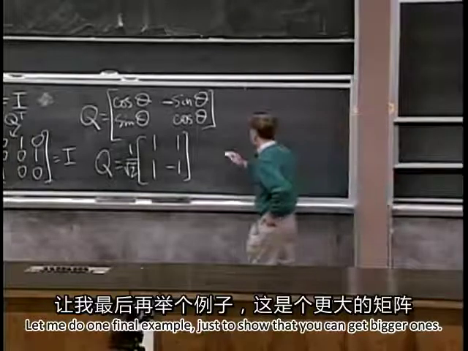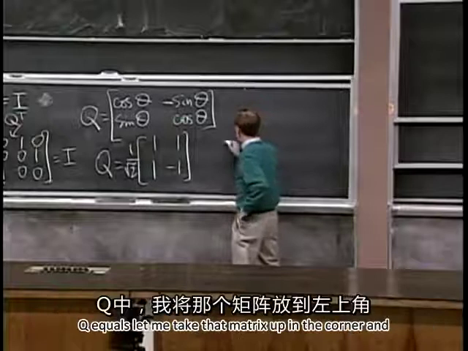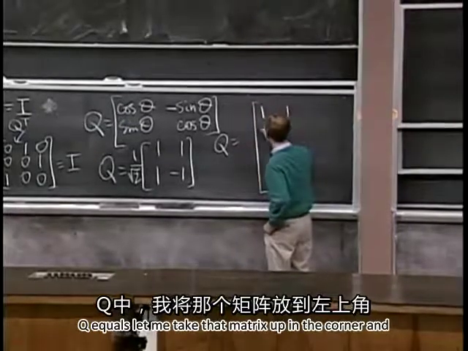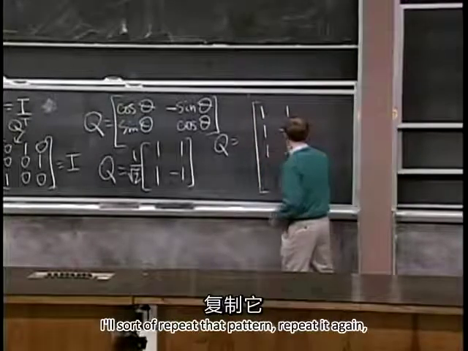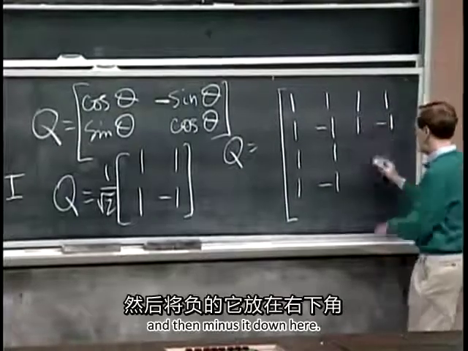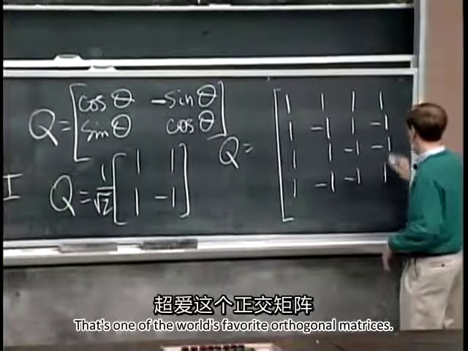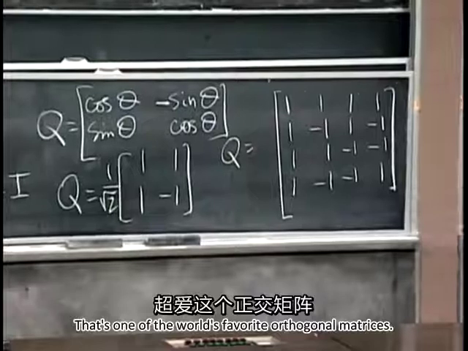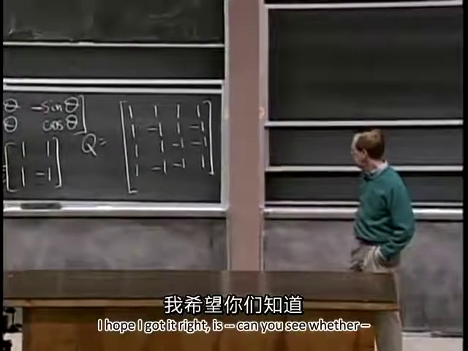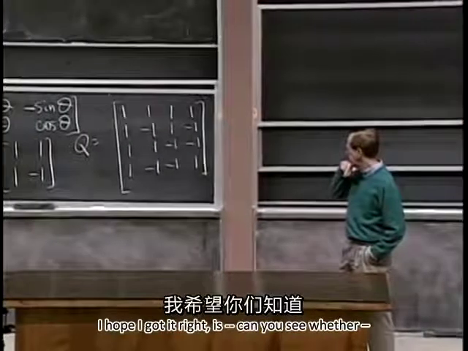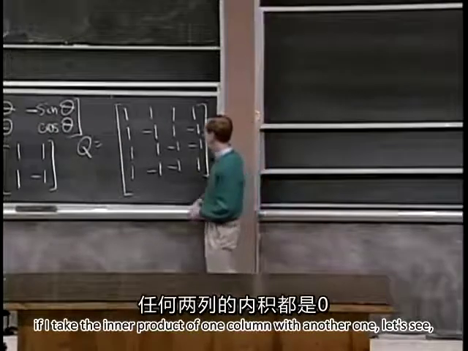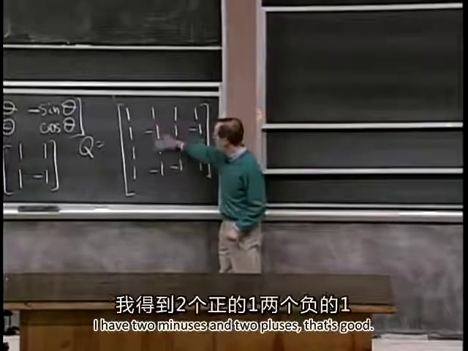Let me do one final example just to show that you can get bigger ones. Q equals, let me take that matrix up in the corner, and I'll repeat that pattern, repeat it again, and then minus it down here. That's one of the world's favorite orthogonal matrices. I hope I got it right. If I take the inner product of that column with that, I have 2 minuses and 2 pluses.